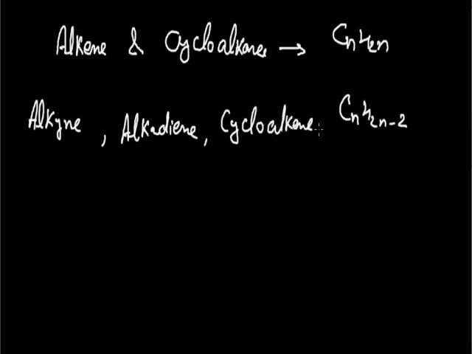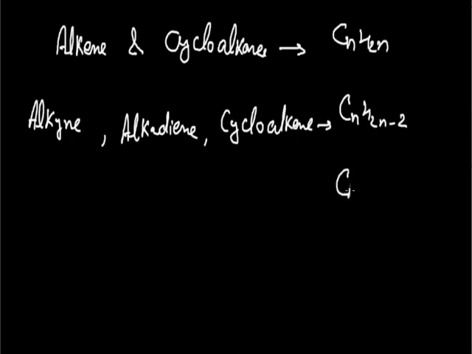So these three will always show functional group isomerism if a molecular formula is given which follows the rule CnH2n minus 2. By this molecular formula we can arrange the structure in the form of alkyne, alkadiene and cycloalkene, and these three structures will be termed functional group isomers.